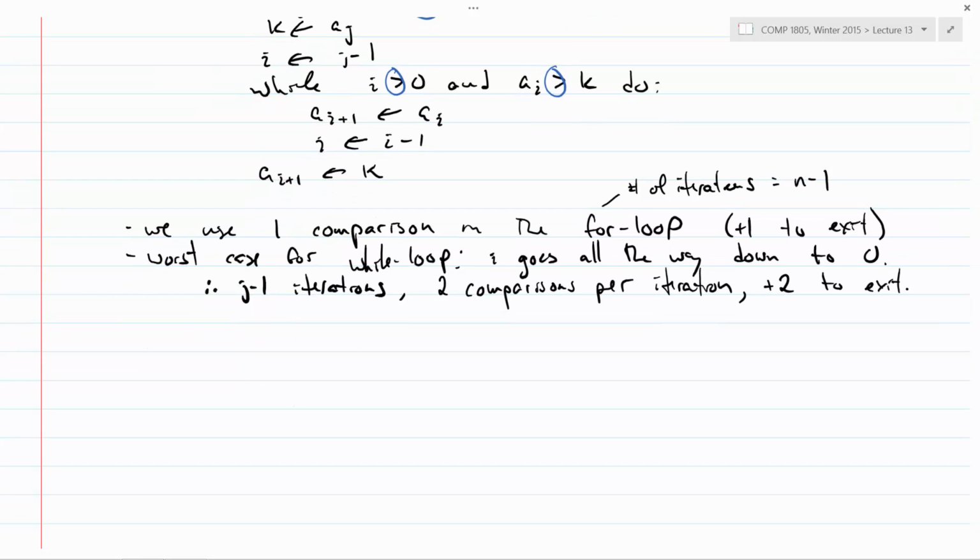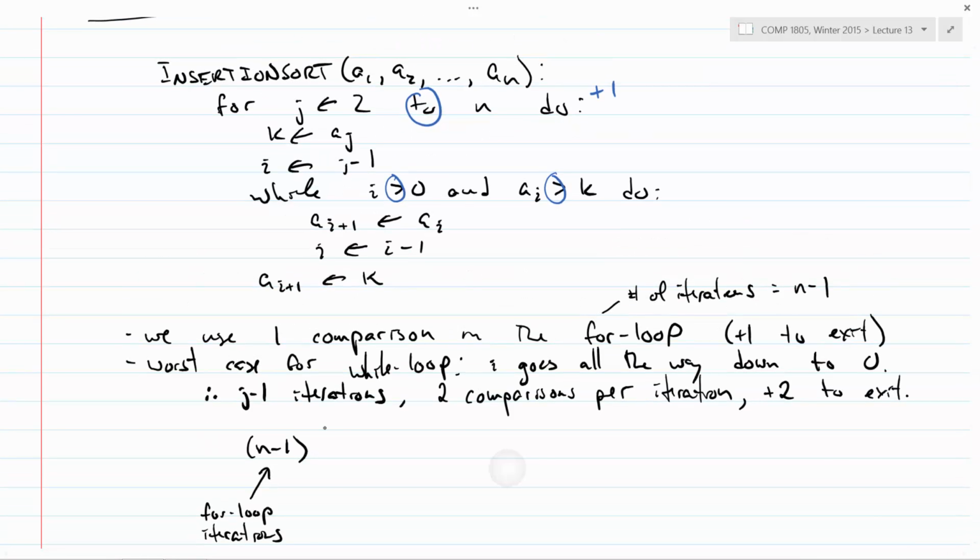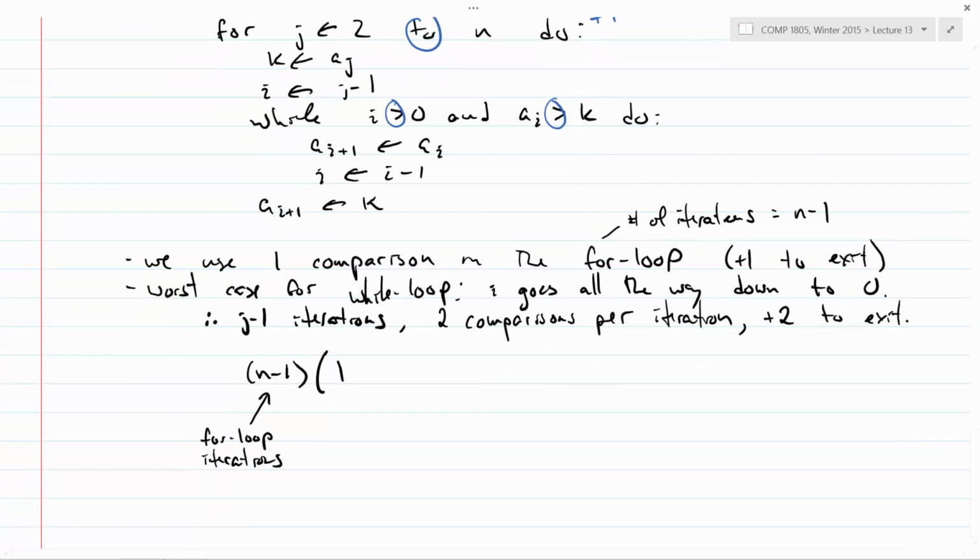So if I just wanted to write down the answer without doing this sum stuff, I'll show you how to do it this way for this one. I do n minus 1 iterations of the outer for loop. In each one of those iterations, I do 1 in the for loop, to check that j is less than n, or less than or equal to n.